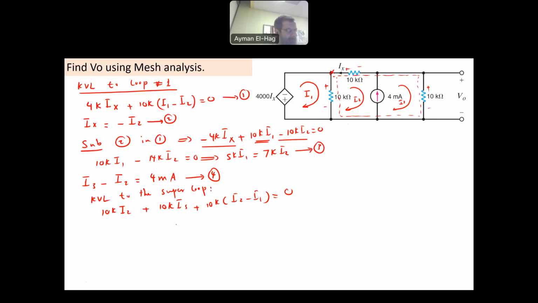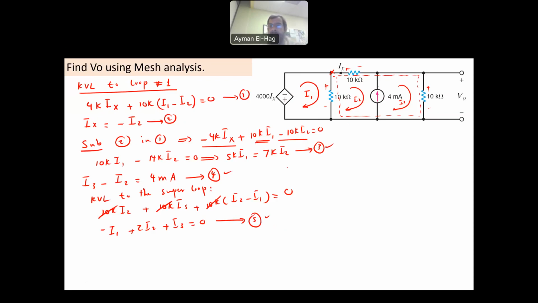Let me collect terms. I can take the 10K as a common factor and cancel it. So I have minus I1 plus 2I2 plus I3 equal to 0, and this is my fifth equation. Now I have three equations, 3, 4, and 5, and three unknowns, and we can solve for that.